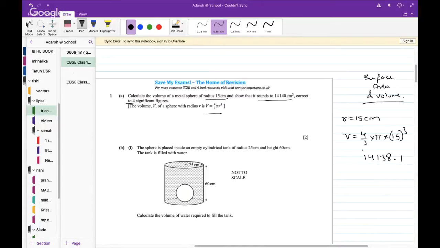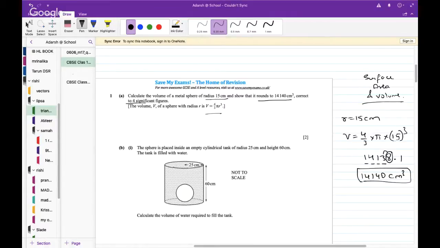Now the question is to find up to four significant figures. Four significant figures is always from the left, four digits. So 1, 2, 3, 4. So 141, because the next digit is bigger than 5, you're adding 1 to this and you'll write 14140 centimeter cube. So this is your volume.